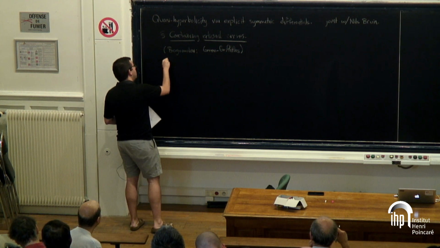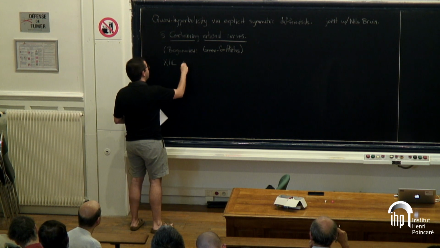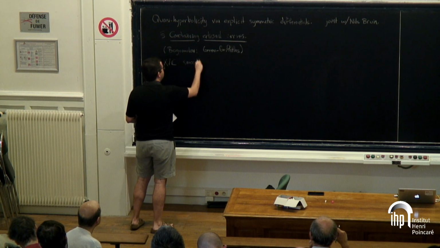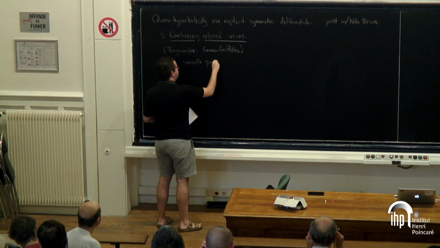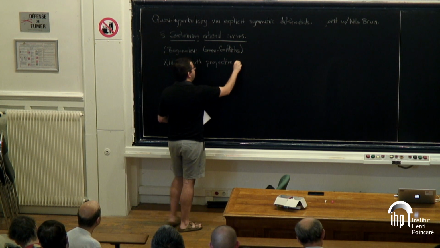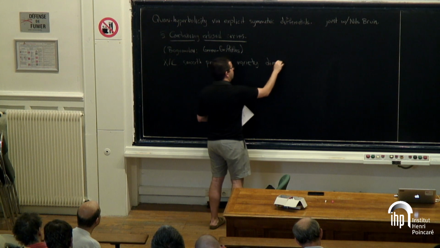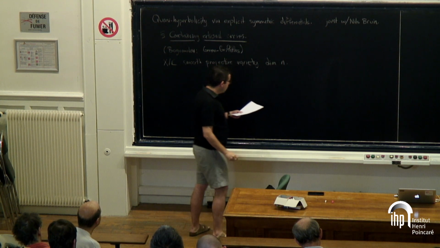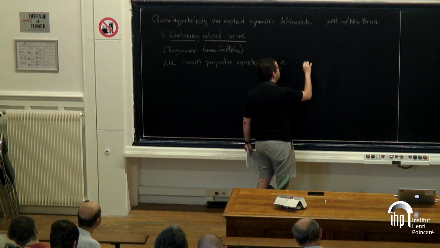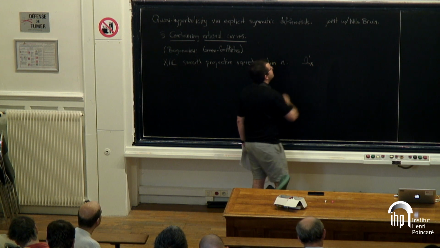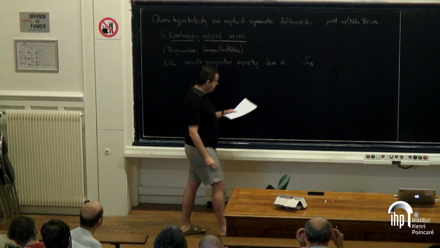Okay, so X over C is going to be a smooth projective variety of dimension n. And I'm going to look at the sheaf of one forms on this.